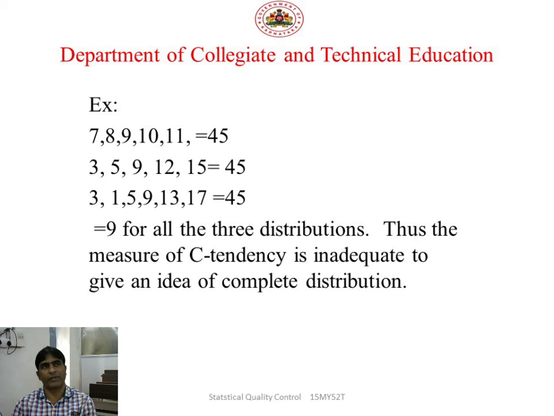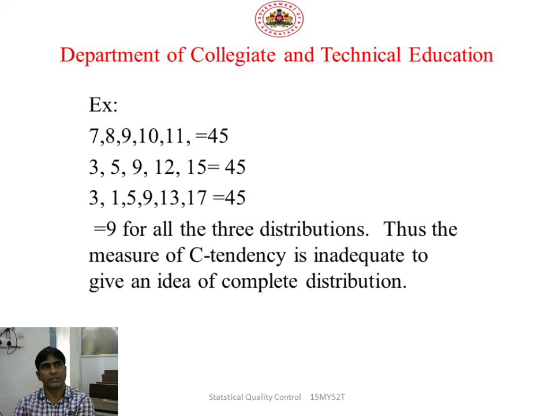See here, in the example I am having three distributions, three sets of values. The first is 7, 8, 9, 10, and 11. The mean of this: you add all of these and divide by the number of entries. 5 entries we are having, 45 is the total.